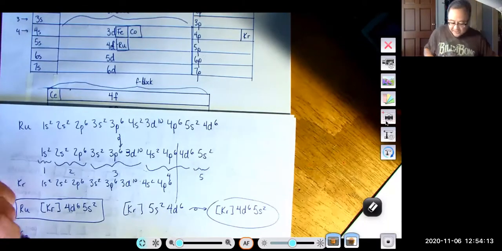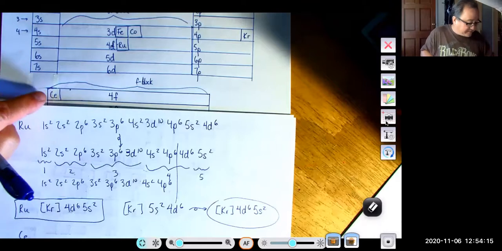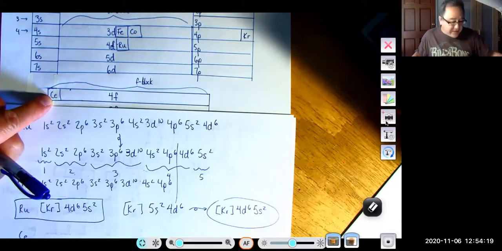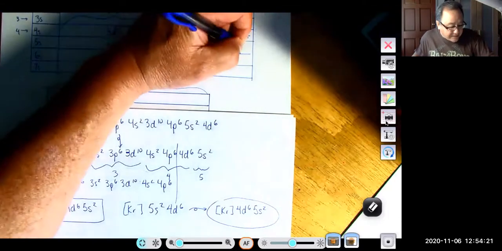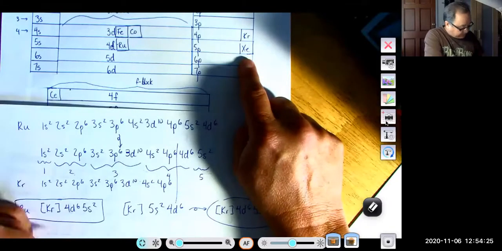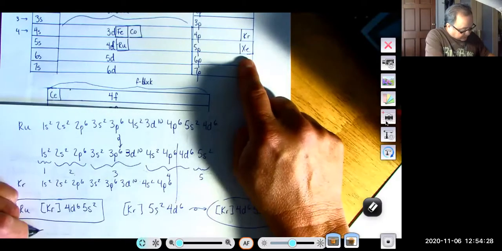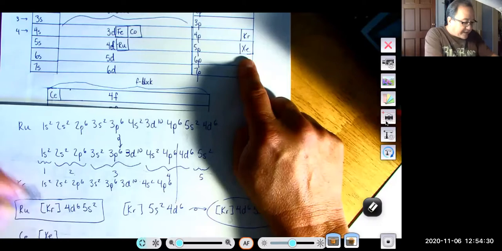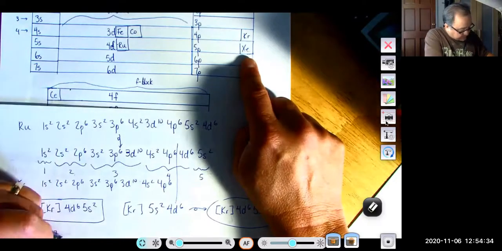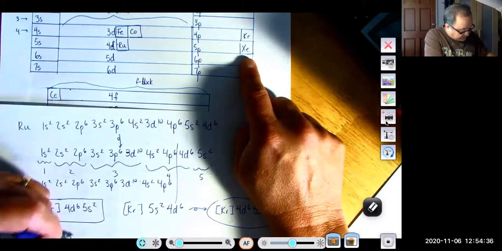Cerium's number is 58, so the previous noble gas is right here, xenon. For cerium, we're going to start with xenon, and then the next thing we look at is the 6s, and we go all the way through it.